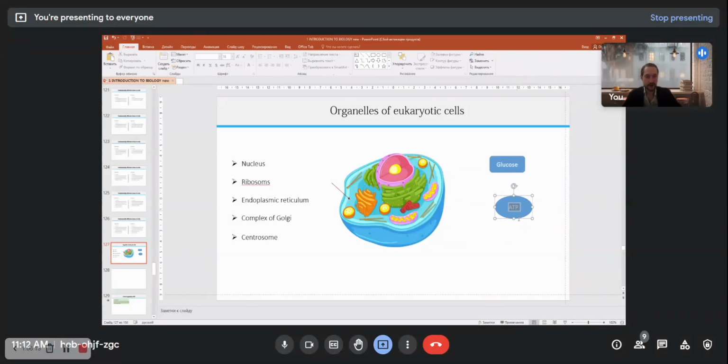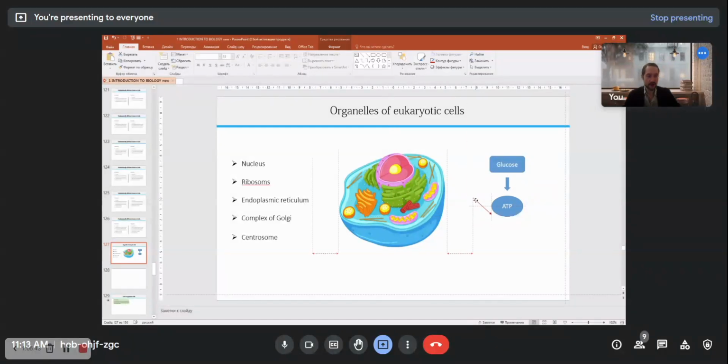And then adenosine triphosphate can be used for immediate energy supply of different events that occur in the cell. And this transfer of energy from the form of glucose into the form of adenosine triphosphate occurs inside of the mitochondria.